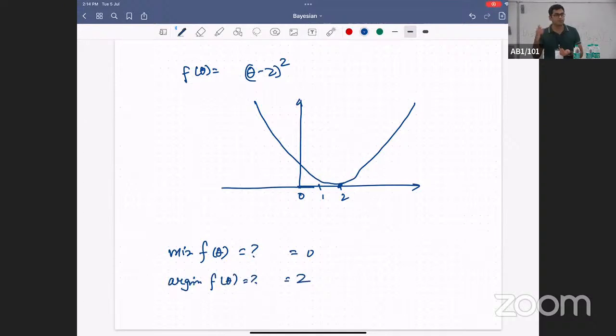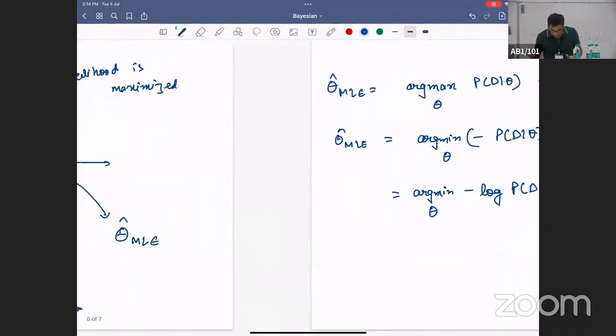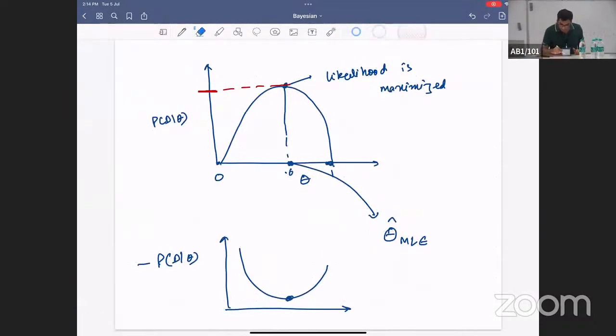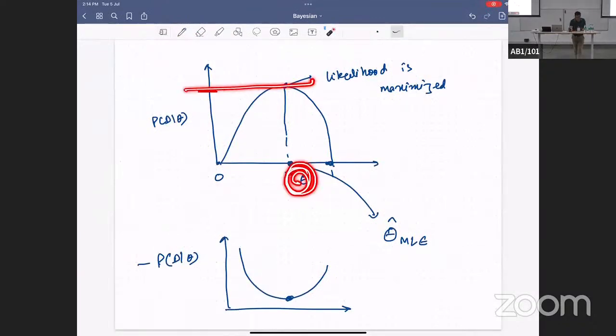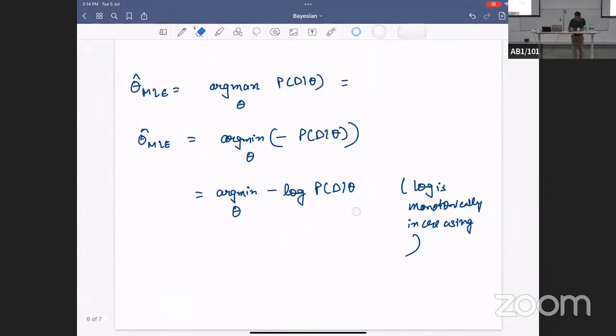That is the value which minimizes this function, so that's the argument. Similarly, if we go back to this plot, what is the value of theta which maximizes the likelihood function? Correspondingly, what is the value of theta which minimizes the negative likelihood? And since log is a monotonically increasing function, we can write that theta at MLE is argmin of minus log of likelihood.